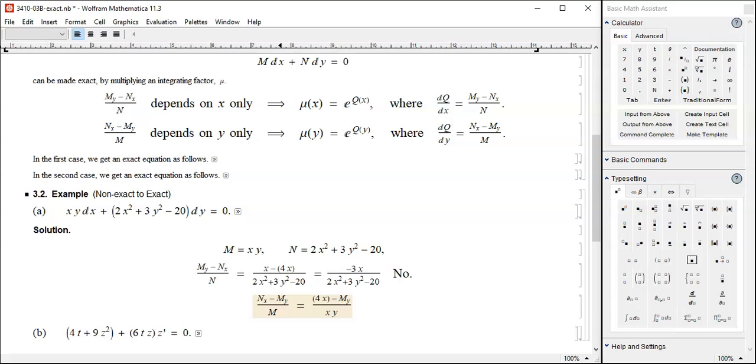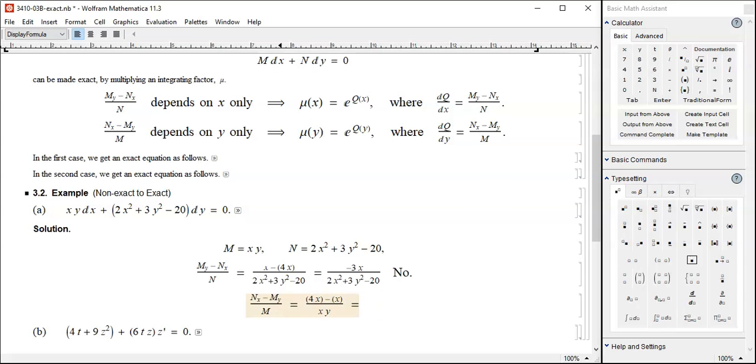We get 4x, because these two do not have any x in there. How about M sub y? Take the partial by y, you're going to get just x. And let's simplify this. We have 3x over xy, and simplify into 3 over y. Oh yes, this is working out. This is a function of y only, so it fits in the second category here.